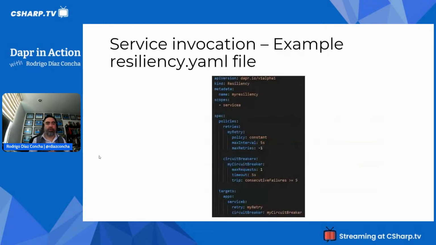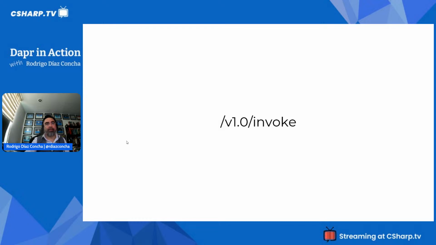And let me show you one example, right? So you specify this file and place it inside a folder when you're developing your solution, or of course you can apply it in your Kubernetes cluster, just like any other object, right?